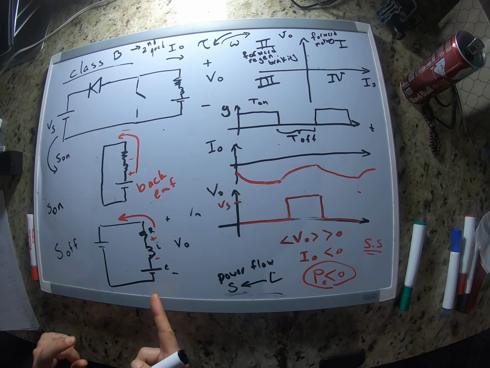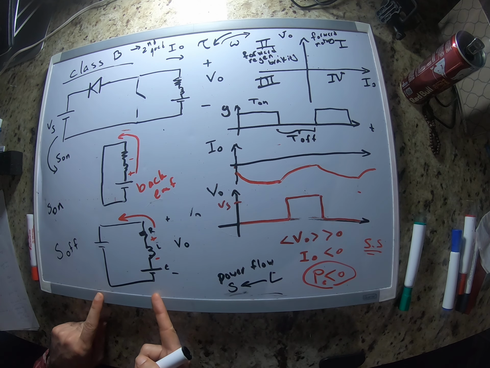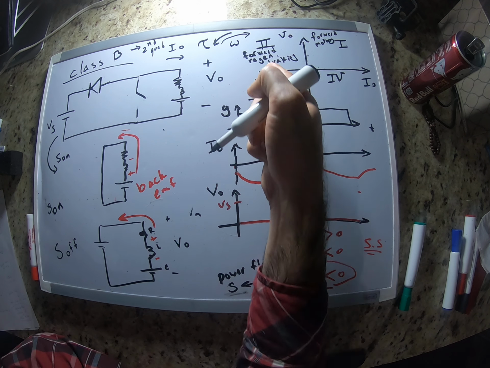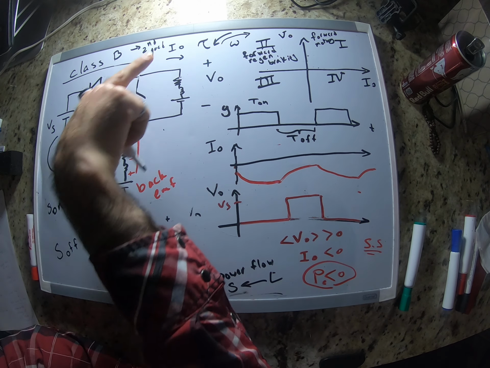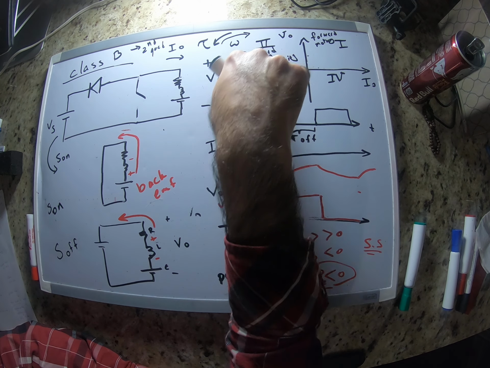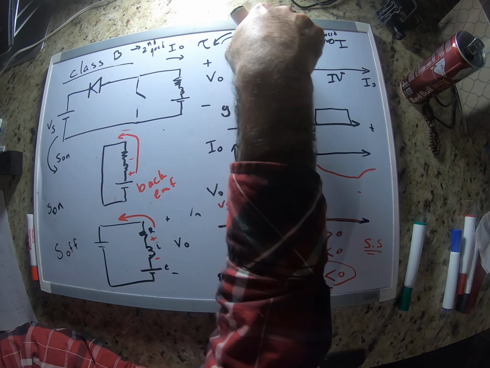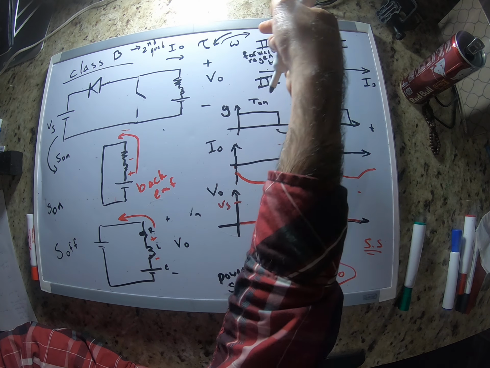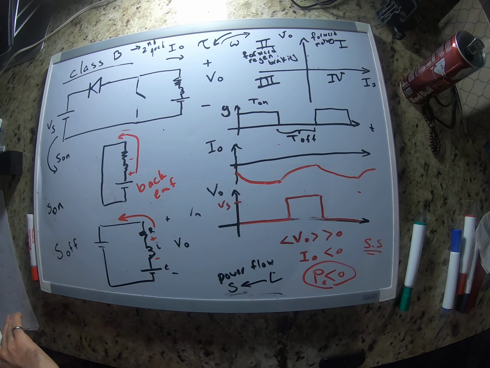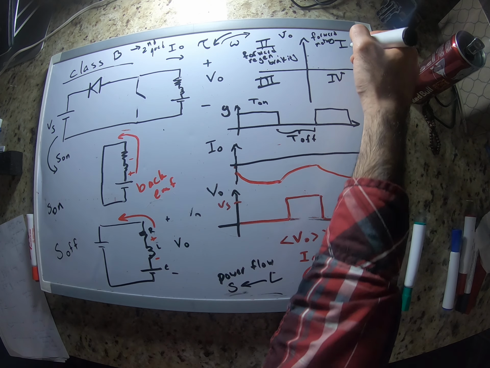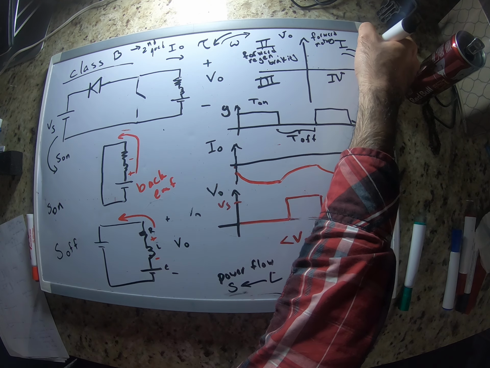So the second quadrant is also called forward regenerative braking. It means that the motor is still running in, let's say, the clockwise direction, but the torque is in the opposite direction. In the previous case both omega and tau were in the same direction.